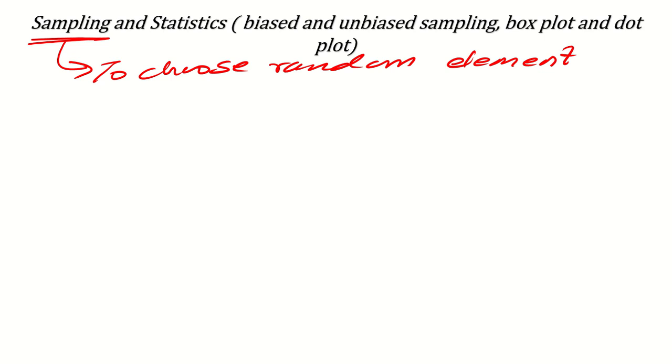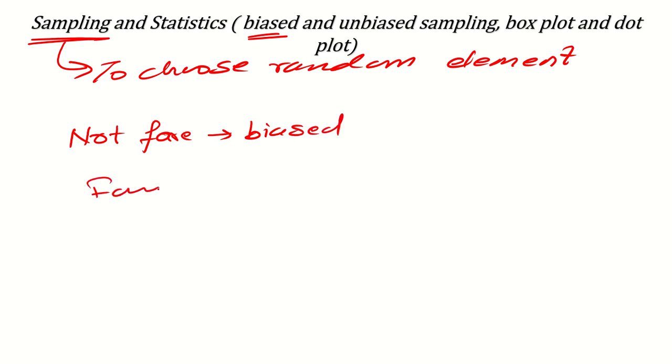But if you call your friend, this is called biased sampling. Biased means not fair. This is the meaning of biased, and fair selection means unbiased.